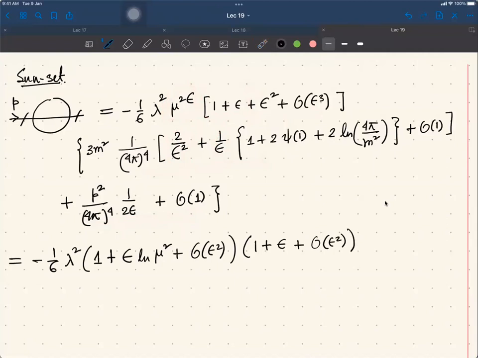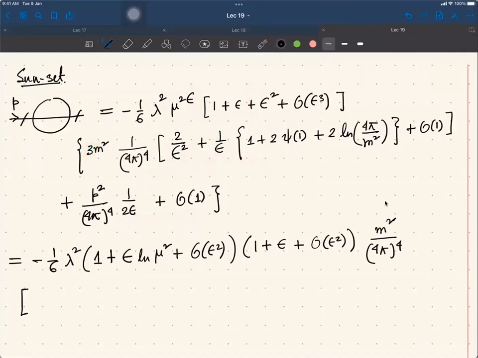Then I take m square by 4π to the power 4 outside, and inside I take this factor of 3.